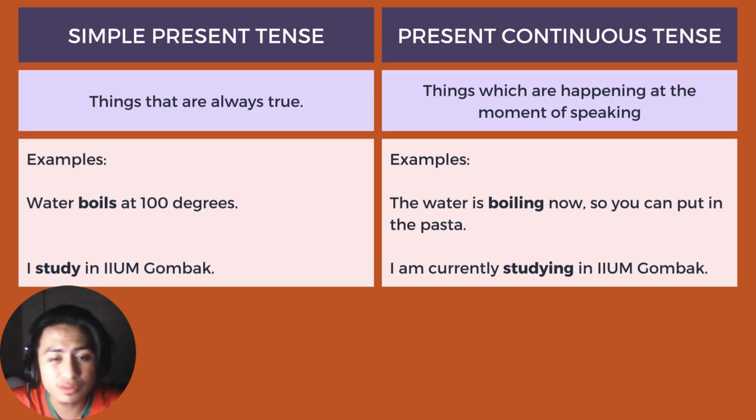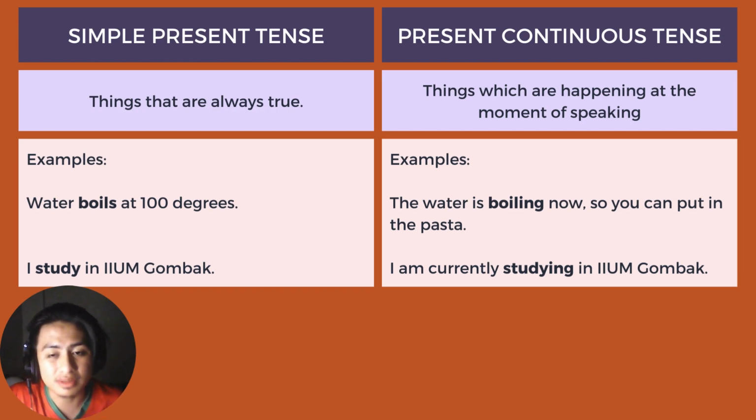But if we want to speak about things that is happening right now, so when things is happening right now, we use present continuous tense. The water is boiling now. So you can put in the pasta. So because the action is happening now, the water is boiling now, then we use present continuous tense.